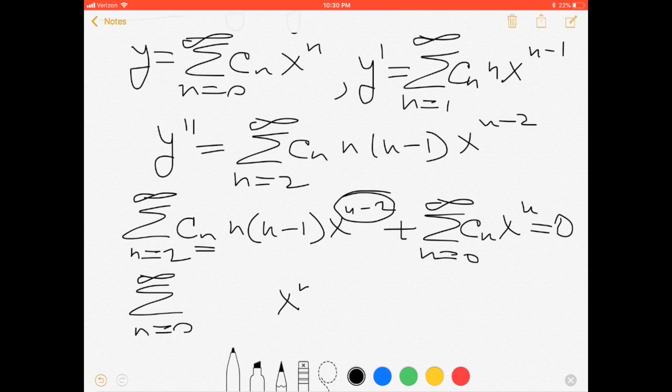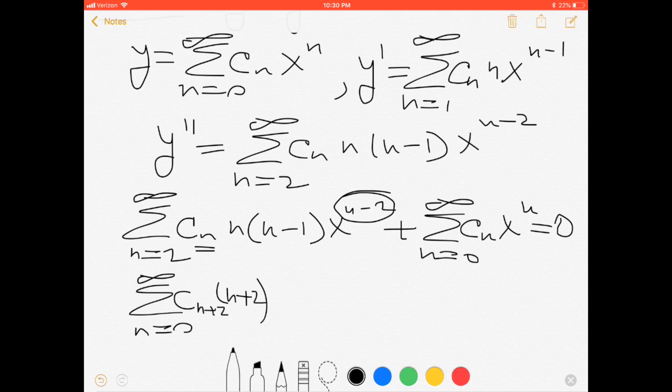But what do you know about the coefficient? The coefficient c has an index 2 more than the power. Okay, great. This means here we have c n plus 2. This is 2 more than the power, n plus 2. Okay, I need more space, sorry. No, this one.